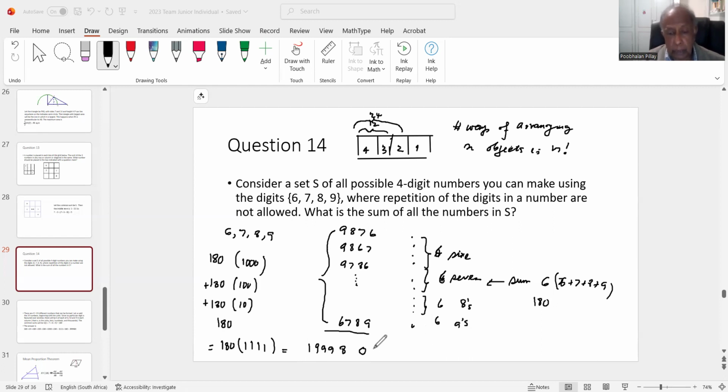Okay, so that's the sum of all these. I think that's the answer.